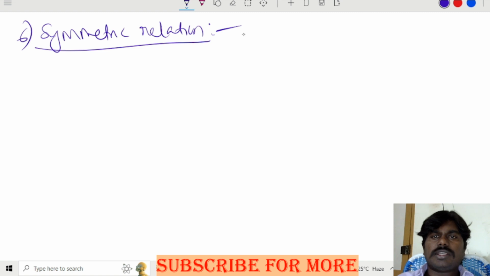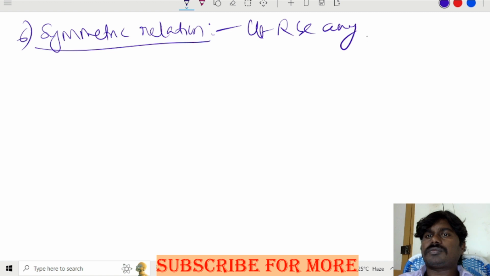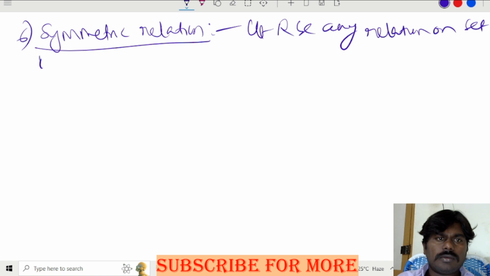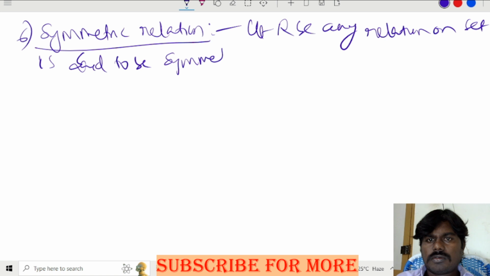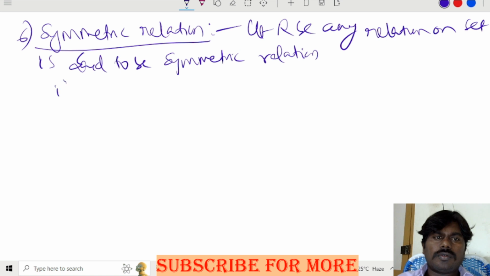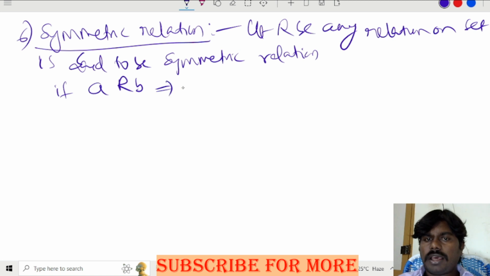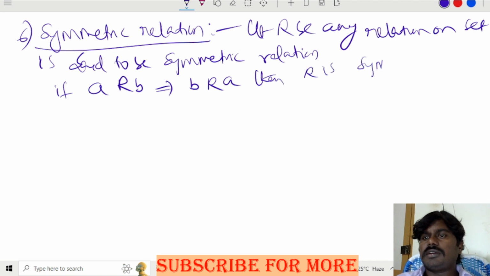Symmetric relation. Now again I am taking R to be any relation on set A. It is said to be a symmetric relation if A is related to B implies B is related to A, then R is a symmetric relation.